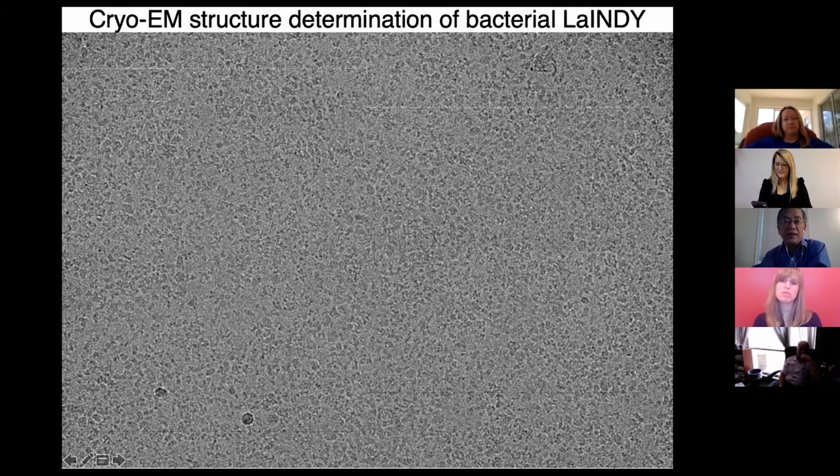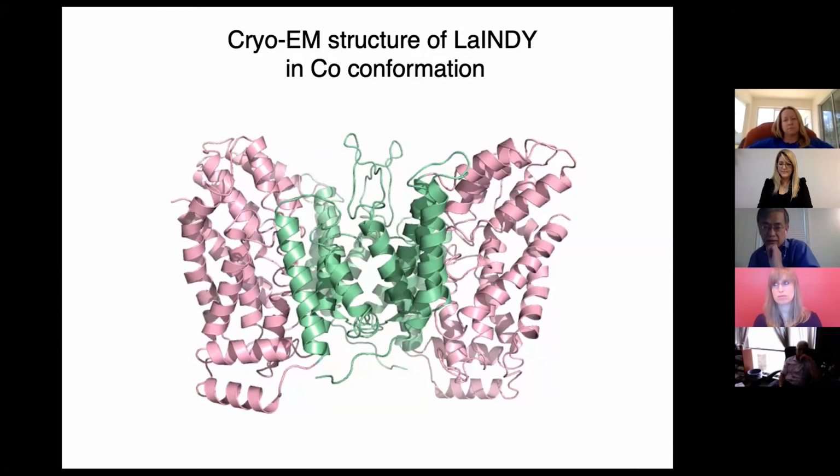We did structure determination for this protein using a new technique called cryo-electron microscopy, which allows us to use purified protein to solve the structure directly without doing crystallization. And this is one of the structures we got for this LA-IND protein.